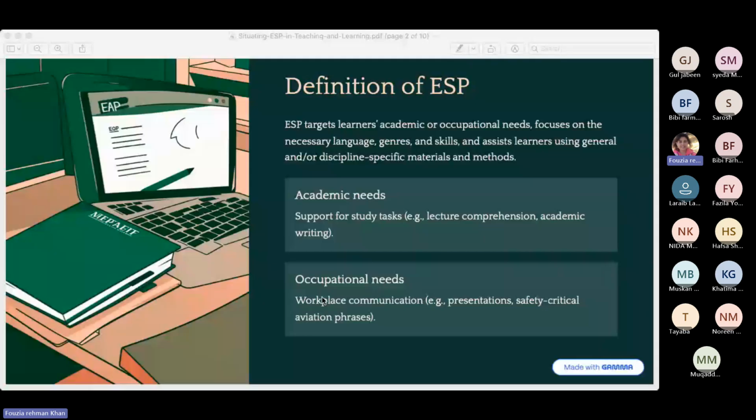Now basically these ESP courses are for the non-native speakers. Much of the time, these courses are designed for the non-native speakers, and less of the time for the native speakers.